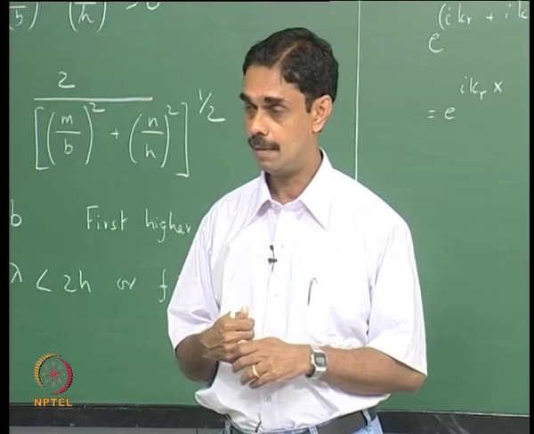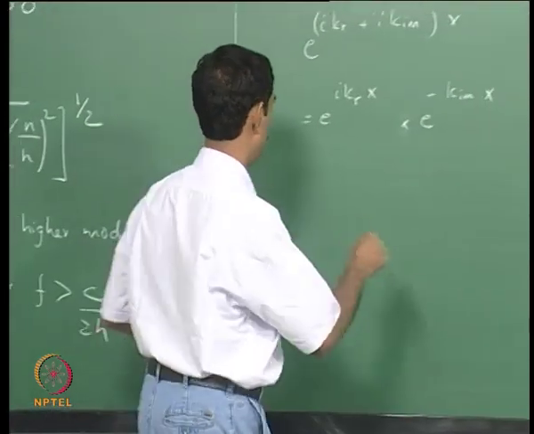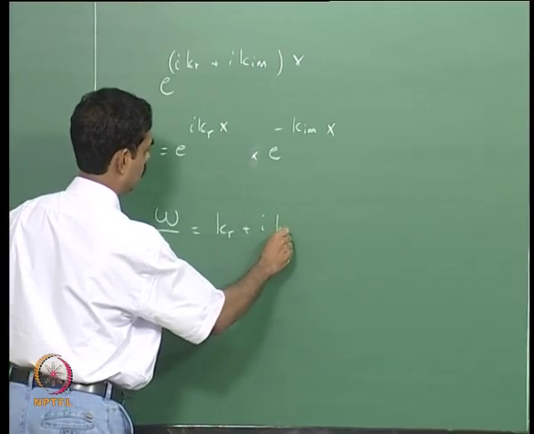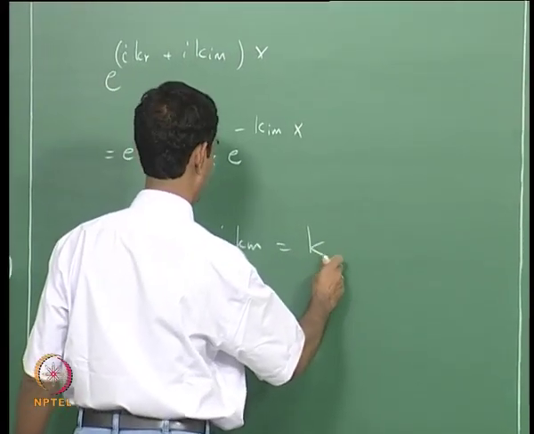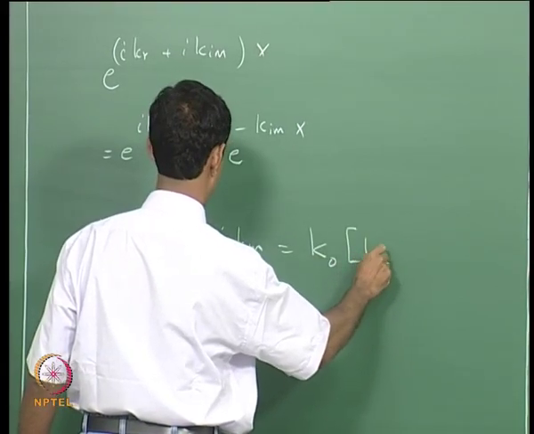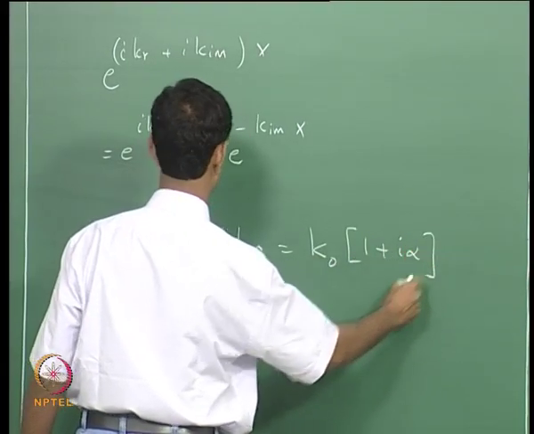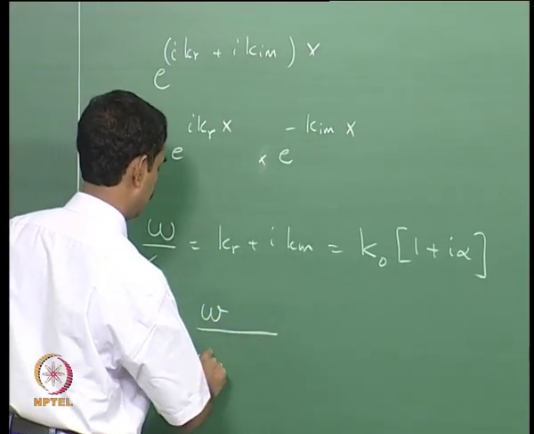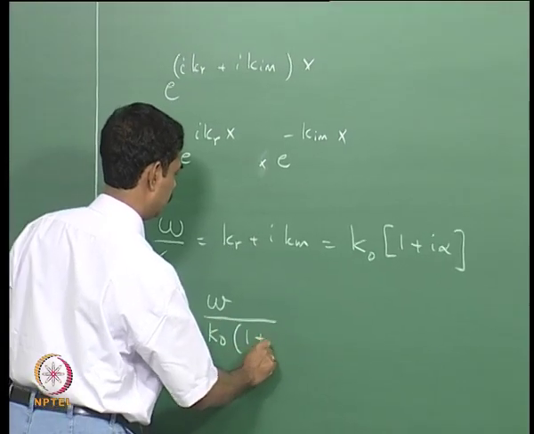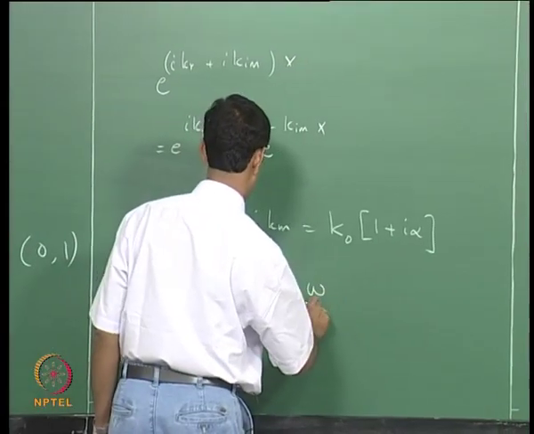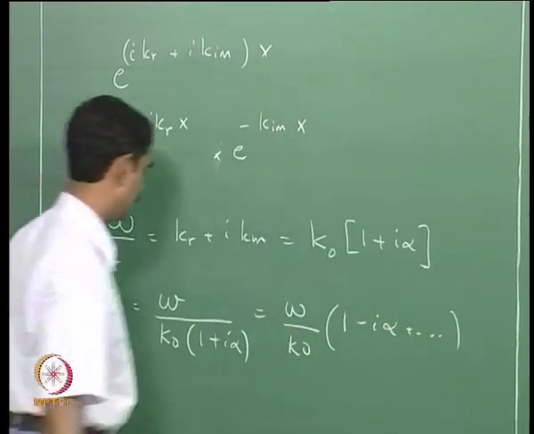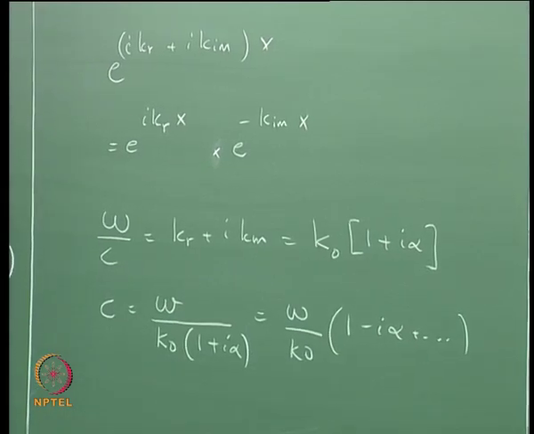Now here, let me recast k as k naught times 1 plus i alpha. So I will get c equal to omega by k naught times 1 plus i alpha. This c is a complex number, but this is just a definition.